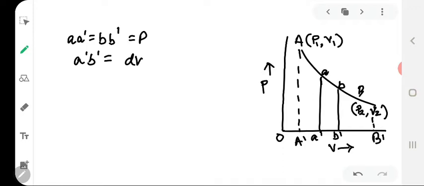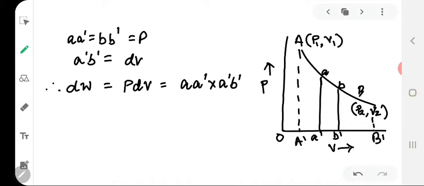So now the small work done during the change of the system from the state small a to small b, that is dW, will be equal to P dV, and that is equal to a dash a multiplied by a dash b dash.